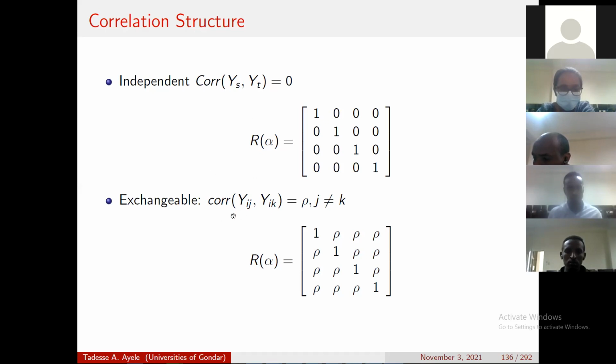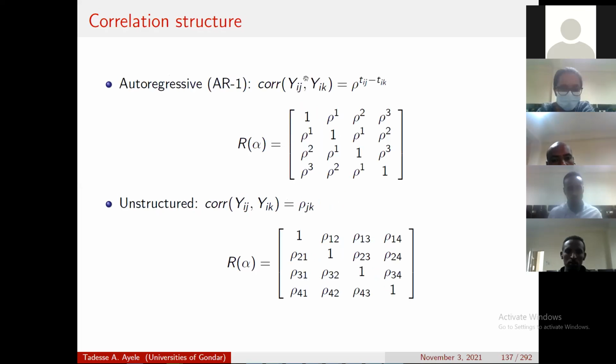Whereas if you pick two observations, Yij and Yik at different time points, and this correlation is equal to rho, then this type of correlation structure is known as exchangeable. Autoregressive means the correlation of these two observations depends on time, and there can be different orders, autoregressive order 1 and order 2. The last one is unstructured.